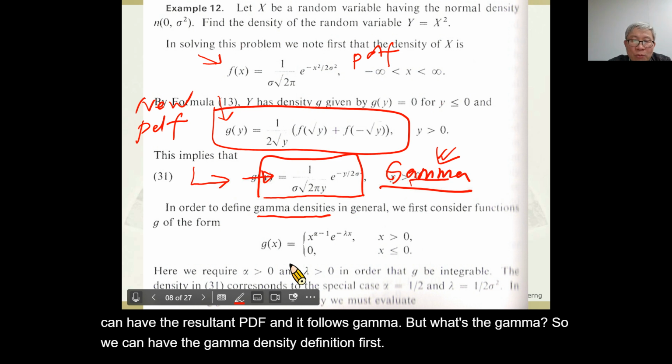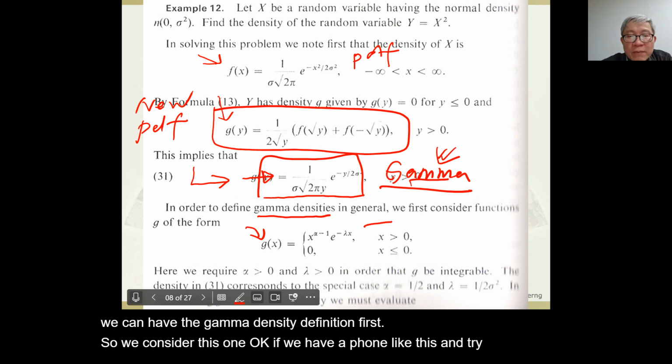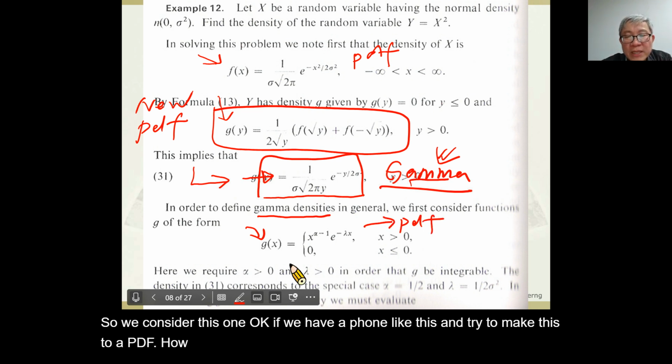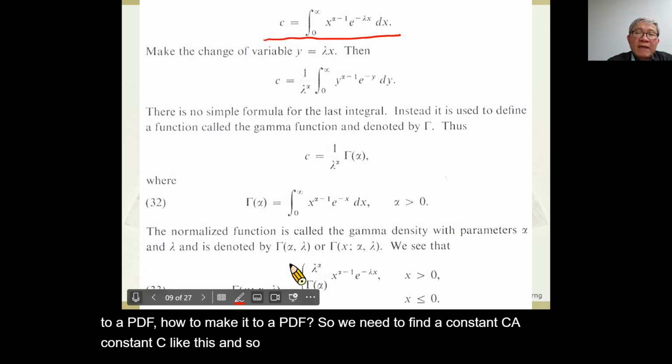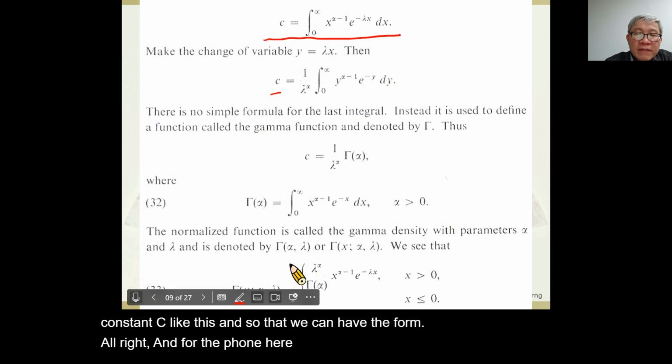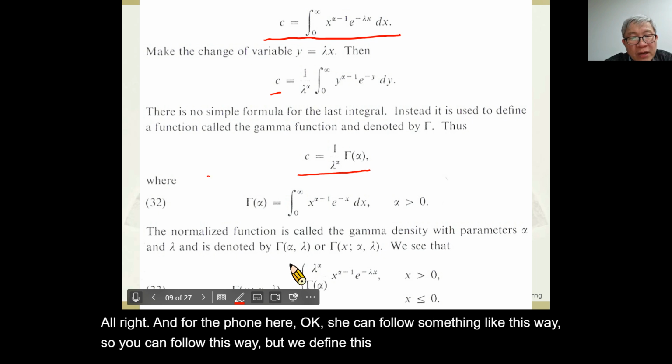If we have a form like this and try to make it a PDF, we need to find a constant C so that we can have the form. C can follow something like this way, but we define this one, the gamma function.